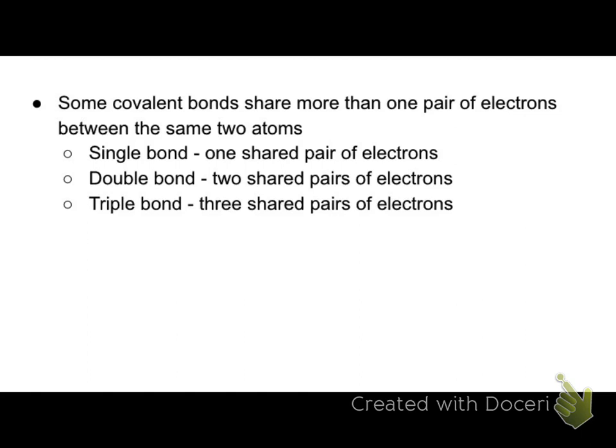So if we want to look at examples of this, for a double bond, we would look at carbon dioxide, where we had a carbon atom and 2 oxygen atoms. Remember that oxygen has 6 valence electrons, so we'll draw those on for oxygen.